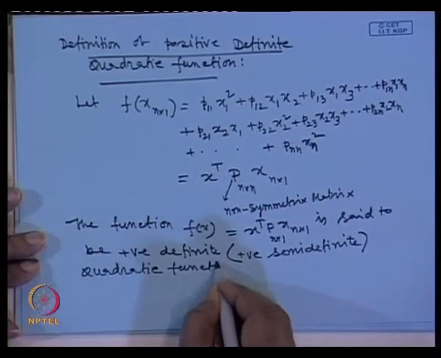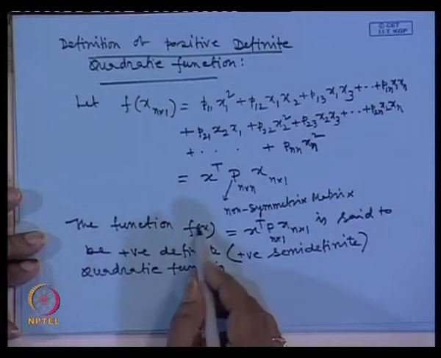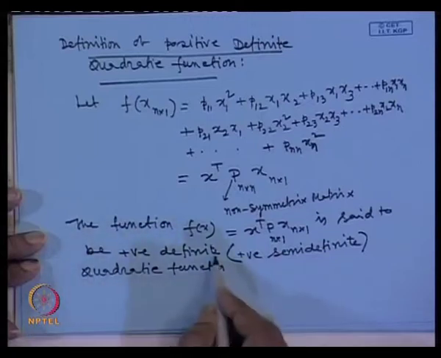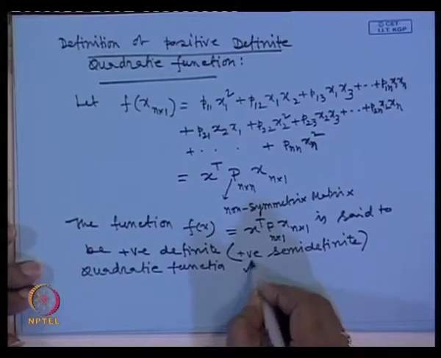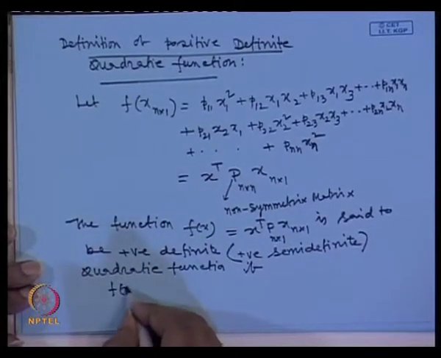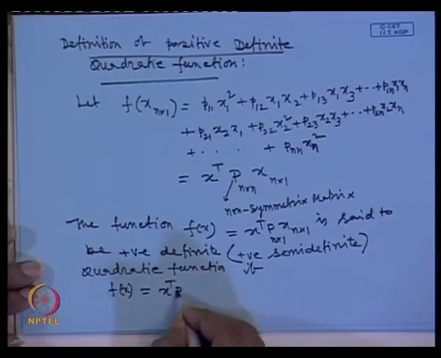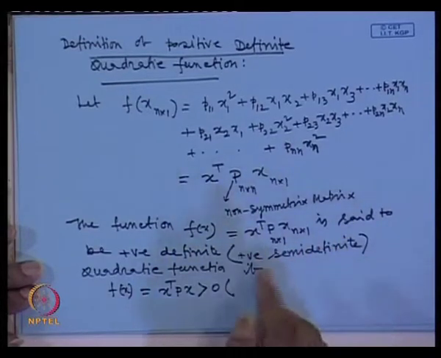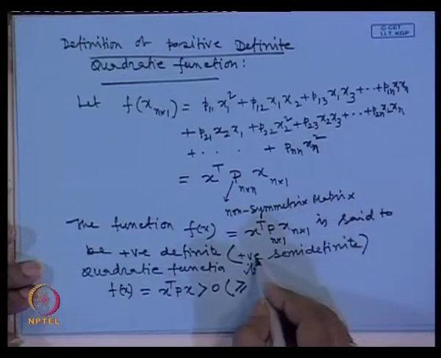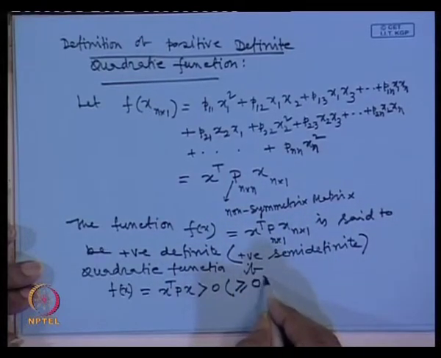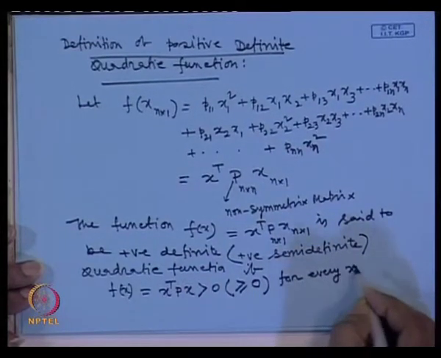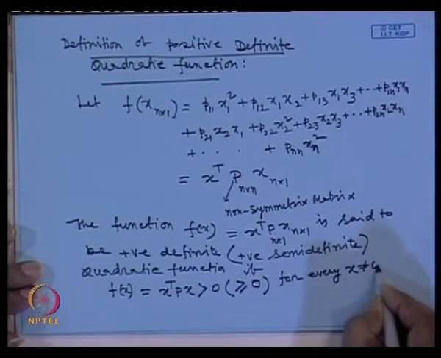The function f of x, written in matrix and vector form, is said to be positive definite if f of x is equal to x transpose p x is greater than 0, or positive semi definite when it is greater than or equal to 0, for every x where x is not equal to the null vector.